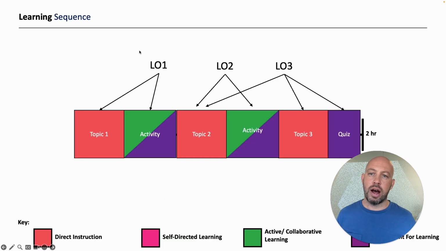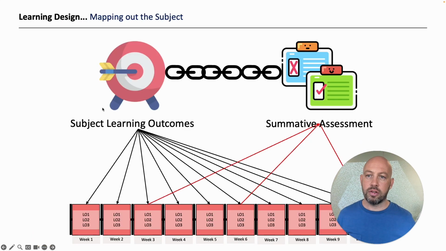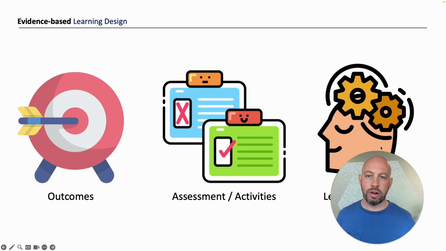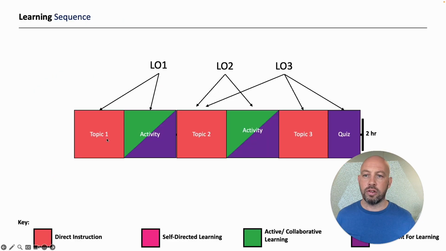And this is where I promote a chunking and sequencing of the session content and activities. So we know what subject level outcomes we're aiming for. We know what our summative assessments are. Let's think about how we get there. So then we're starting to think about, in relation to our model, now we're already starting to think about learning content. So we've got topics that we'll deliver and activities.